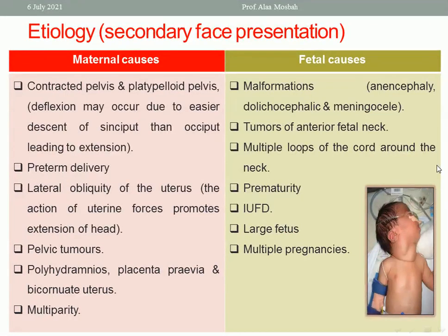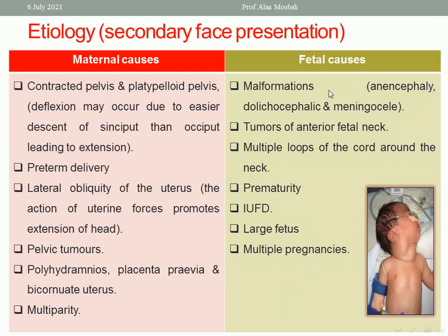But during labor there may be maternal causes or fetal causes, and we call it secondary face presentation, which occurs during labor. Maternal causes include contracted pelvis and abnormally shaped pelvis, platypelloid pelvis, preterm delivery, lateral obliquity of the uterus, pelvic tumors, polyhydramnios, placenta previa and bicornuate uterus, and multiparity with laxity of anterior abdominal wall muscles.